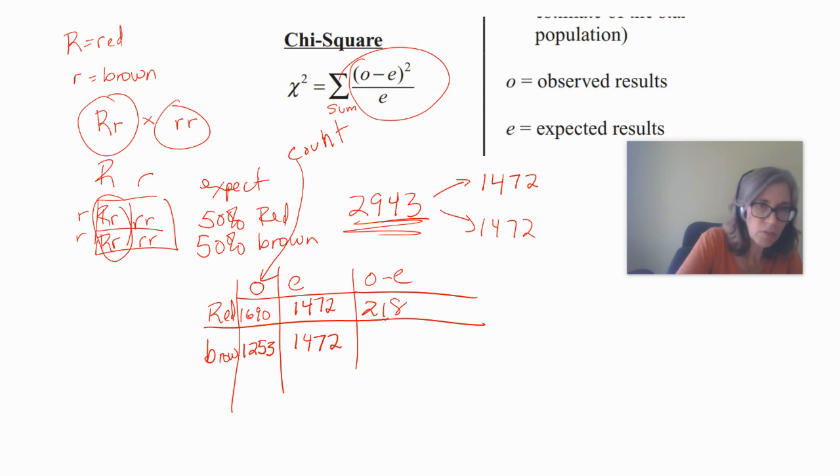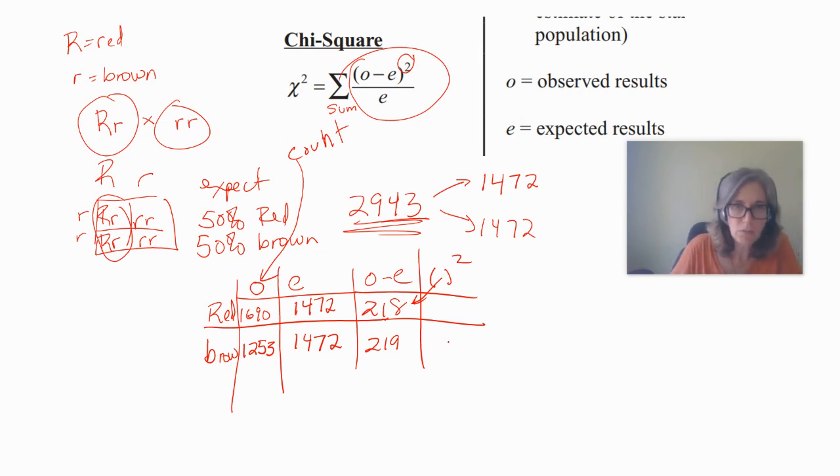And 1253 minus 1472 is going to give me 219. Negative, and I don't really care if it's negative because the next thing that I'm going to do is square it.